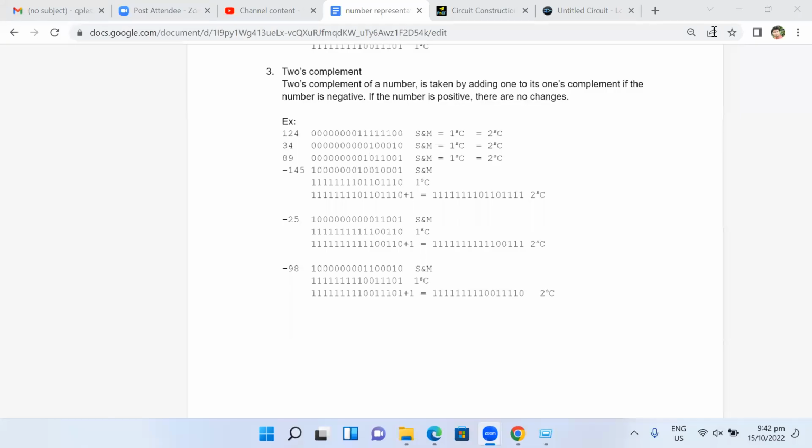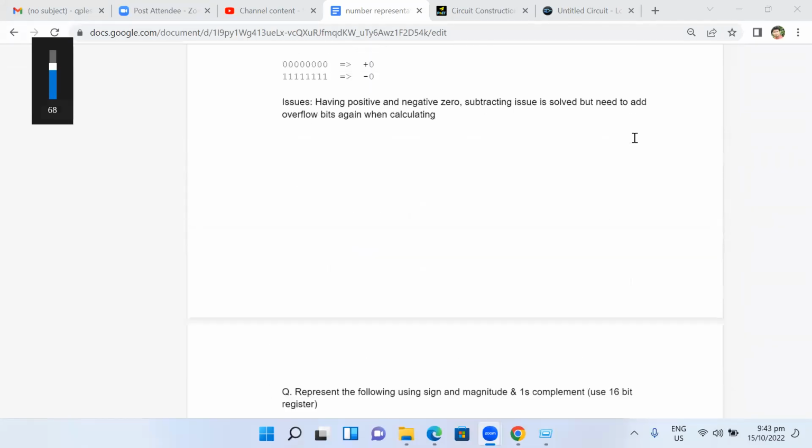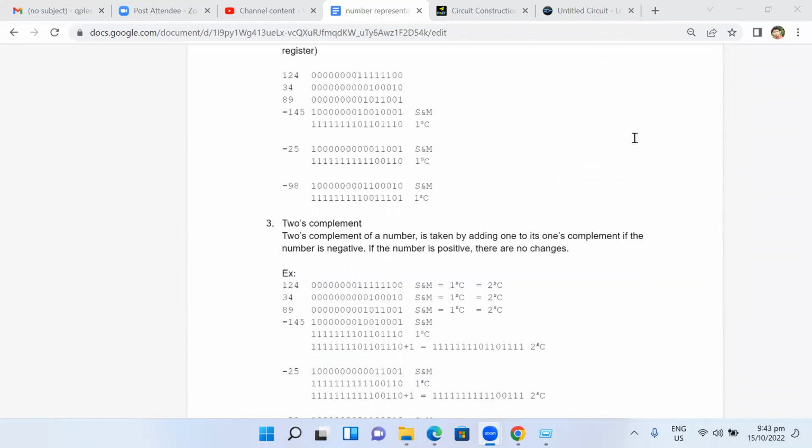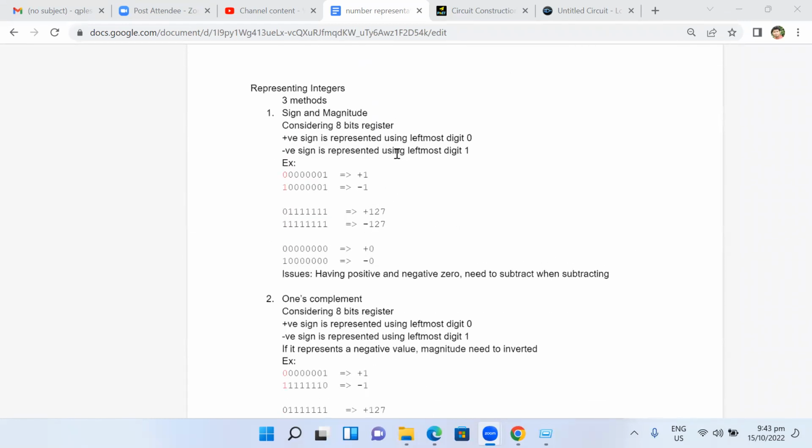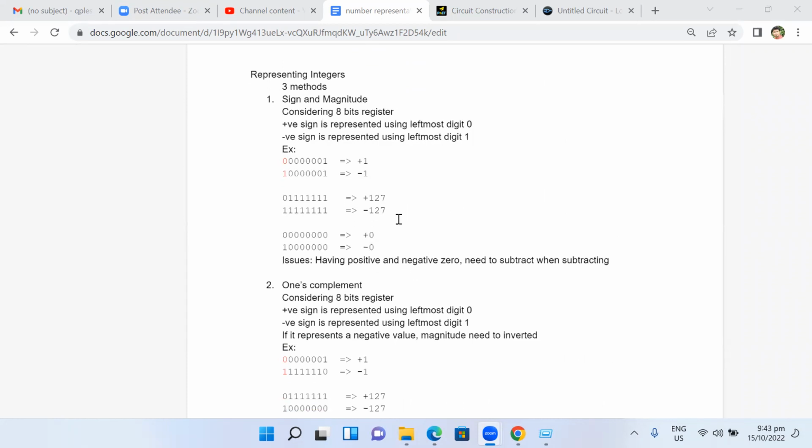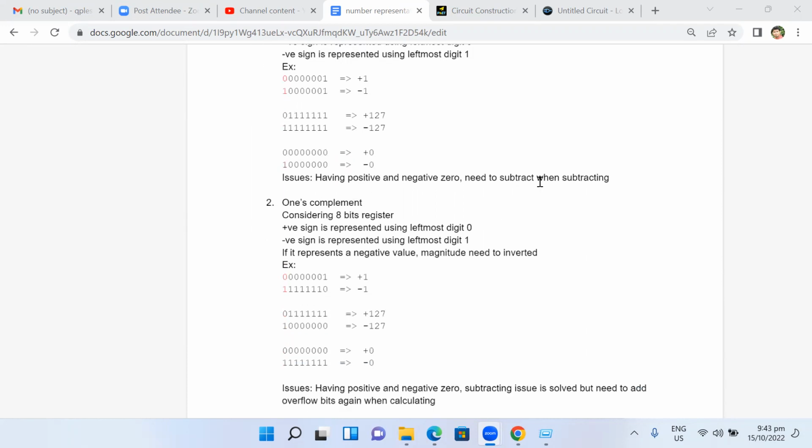Okay. Then right now you know how these are working. Basically, the first one is sign and magnitude. It is common to our normal system, where we convert positives and negatives in a similar way and represent the sign only. But the problem with that is the subtraction issue. I'll explain that.